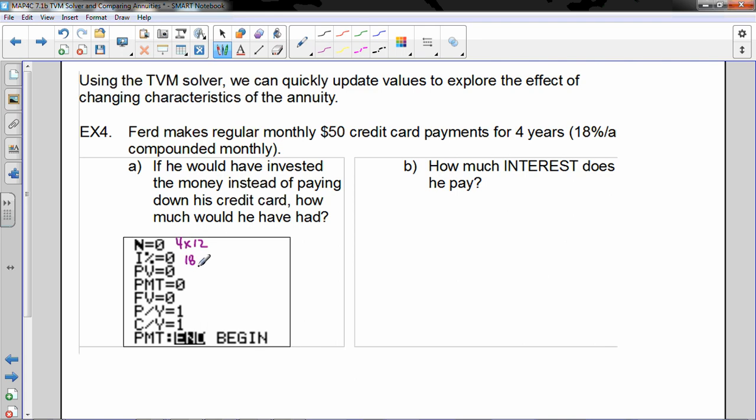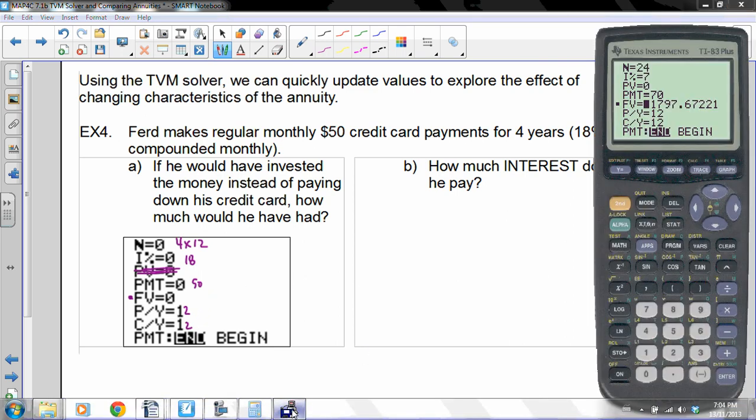Check out the rates on credit cards. Usually it's over 20%. The present value, we don't know. The payment is $50 a month, and the future value is what we want to find, right? We want to know how much he would have if he was putting $50 away rather than paying down his credit card. The payments per year and compounding periods per year is still 12.